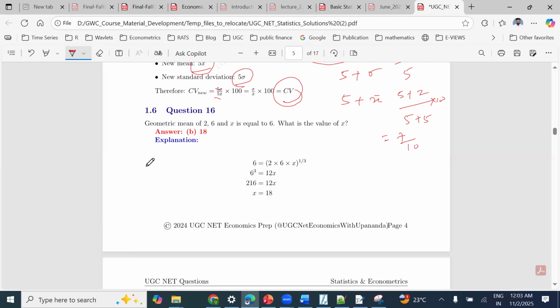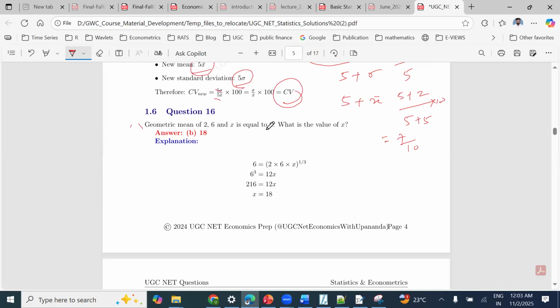Next question. Geometric mean of 2, 6, x is equal to 6. Then what will be the value of x? So here the formula of geometric mean will come into the picture. I think this is self-understood, isn't it?